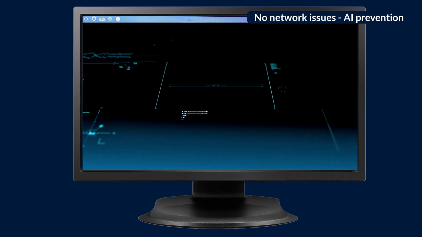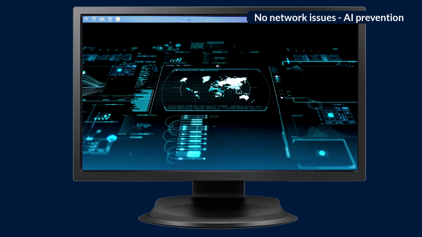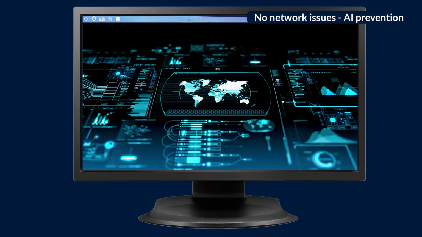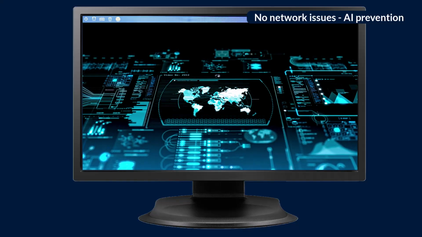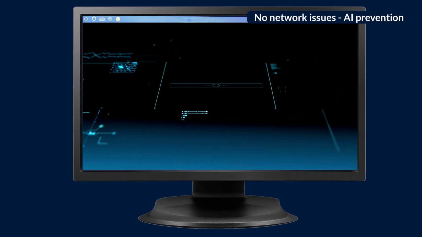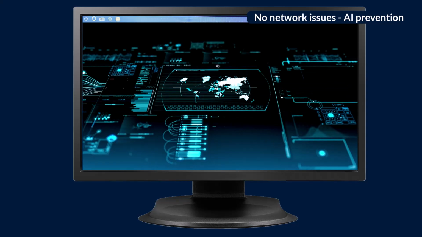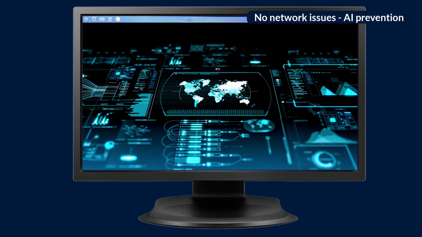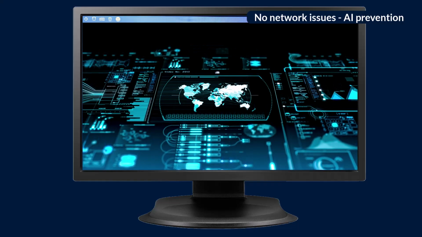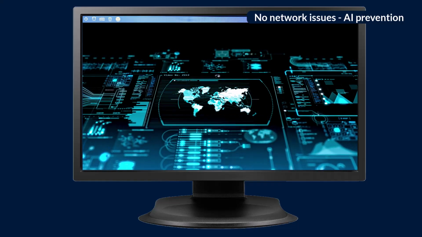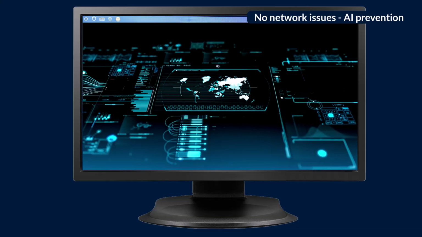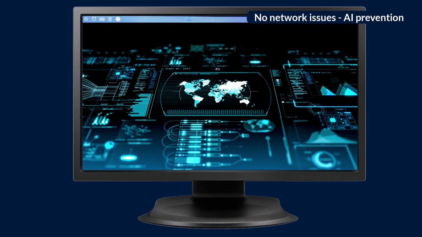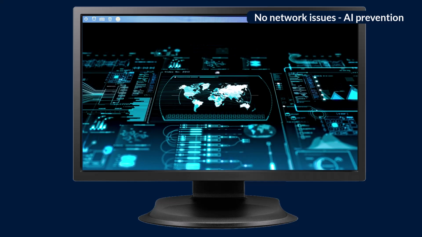I think probably the strongest solution that I've seen in the market so far, and I always forget its name, is the one by Juniper. So Juniper has an AI that they use, and doggone it, hold on, I'm going to have to look it up here, but they use an AI called Mist AI. There it is, Mist AI.